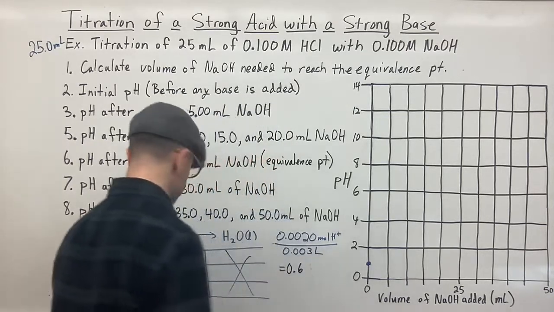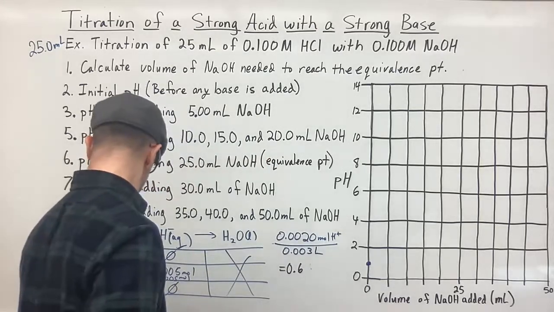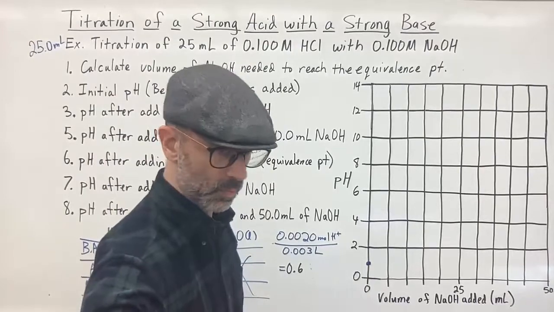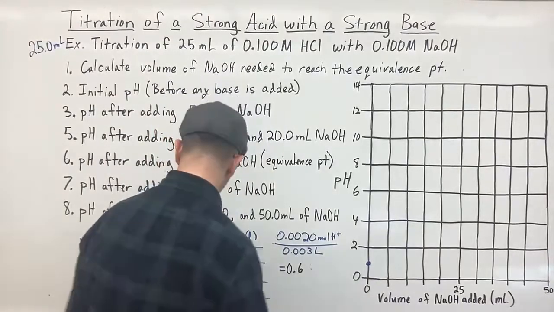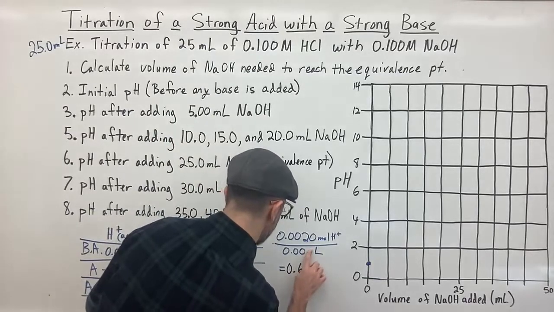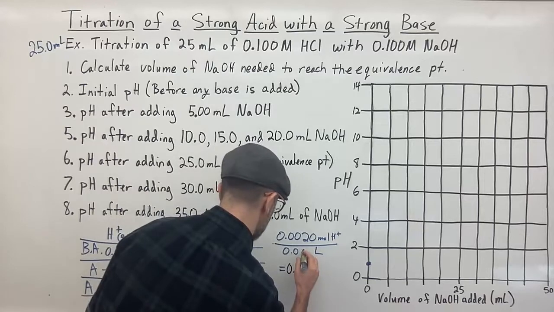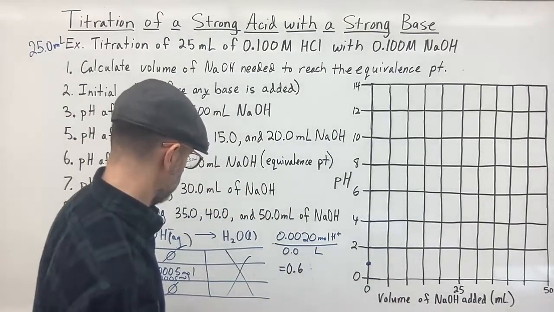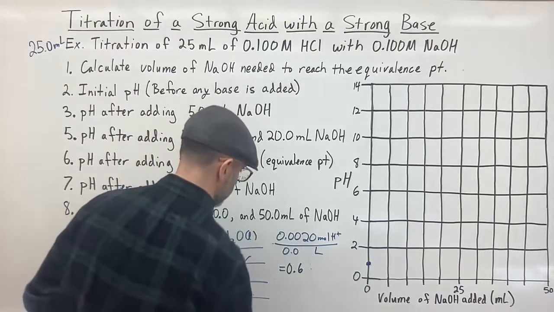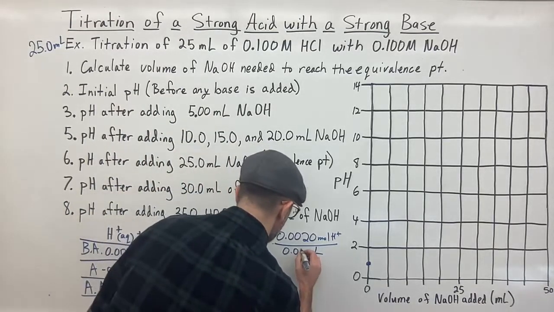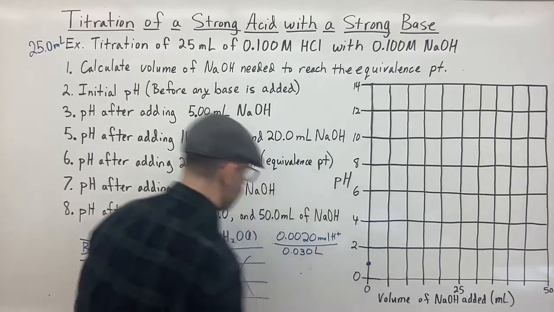Hold on a second. That's not right. Okay, I see my mistake. I added too many zeros here. That should be a 3 there, so this is going to be 30.